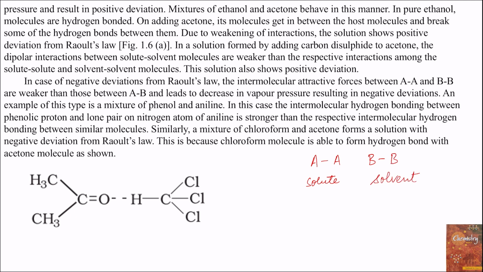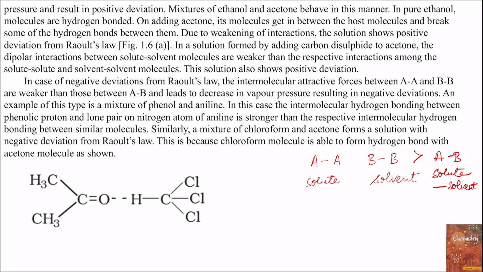Now if the intermolecular attractions between A-A and B-B, meaning between the molecules of pure solute and the molecules of pure solvent, are greater than the intermolecular attractions between A and B, meaning between the molecules of solute and solvent, then the interactions between solute and solvent molecules are less than those between pure A molecules or pure B molecules.